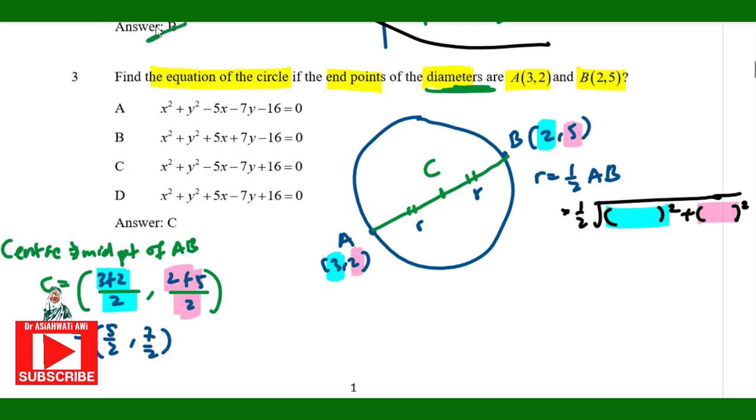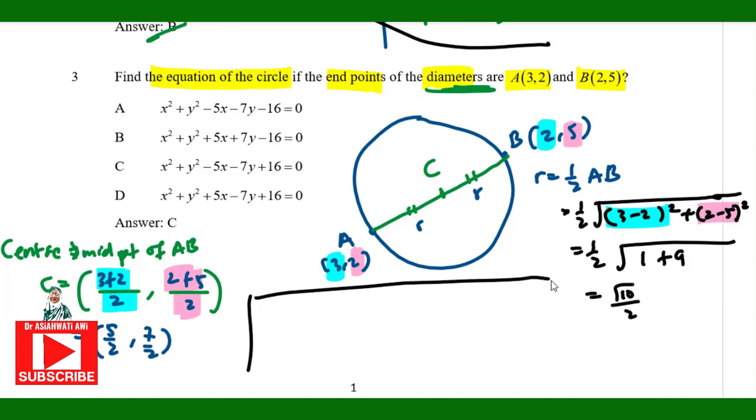Okay, x minus x. Let's say 3 minus 2. Okay, 2 minus 5. And then half of 1 is 3, 9. So 10 over 2. This is the radius. Then I'm using the standard form.